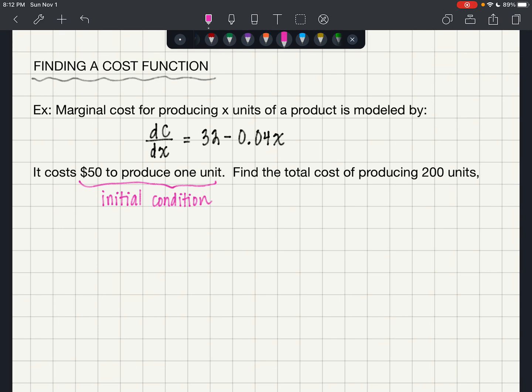We want to find the total cost of producing 200 units. So find the total cost. That means we're going to have to find the cost function evaluated at x equals 200.